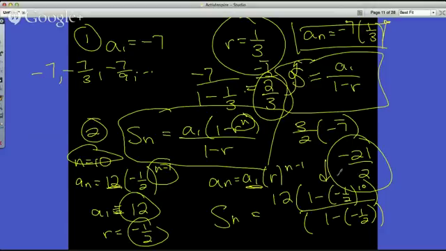Now, from there, I'm going to divide that by 1 minus negative 1/2, which is 3/2, or 1.5. If I divide that by 1.5, I should get 7.99. Is that right? It's approximately what I got. So about 7.99 and some change. And I think on the actual problem here, it's 8.01.